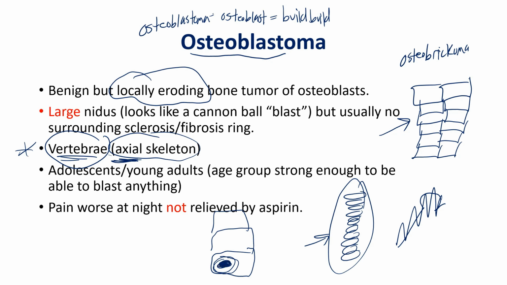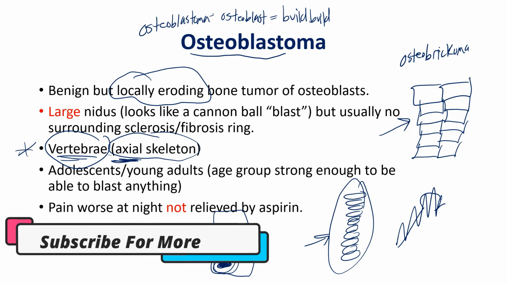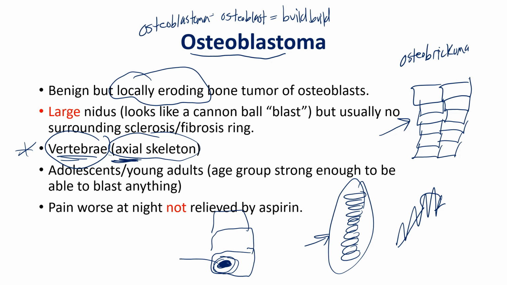That's very important, because the next bone tumor we're going to look at also has nidi involved, but they're going to be smaller, and they're going to have another distinguishing characteristic of having a sclerotic ring or halo around it, whereas this one doesn't really have that sclerotic tissue at the periphery of the nidus. It just has a solid, really large nidus.